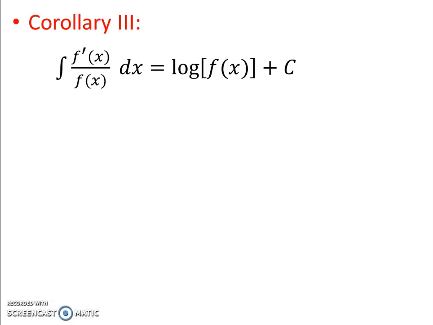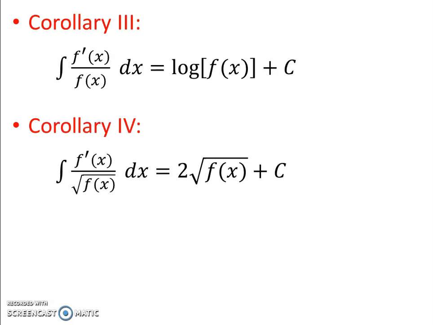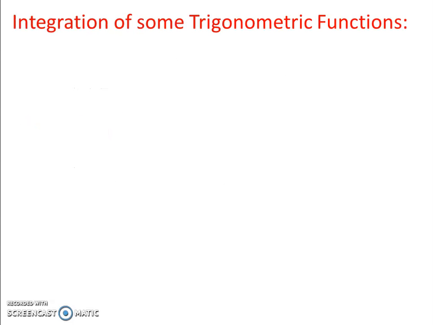Next, corollary number 3: integration f dash of x upon f of x dx is equal to log of f of x plus c. And the last one: integration f dash of x upon root f of x dx equals 2 root f of x plus c. So this is the theory required to solve the examples of integration by substitution. All the corollaries number 1, 2, 3, 4 are developed using theorem 4.